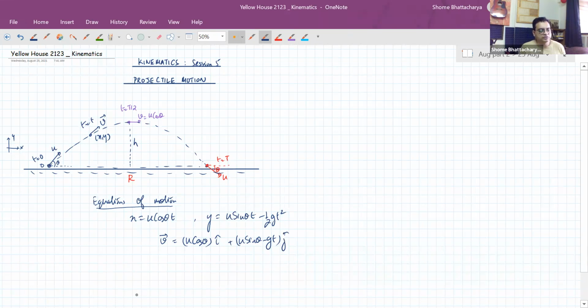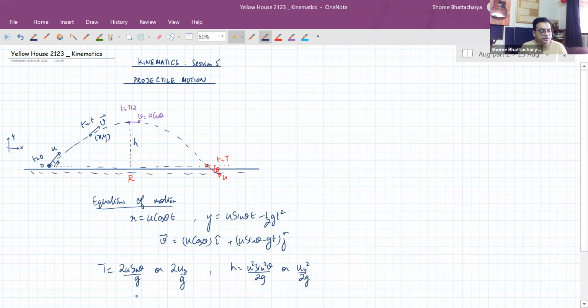And from these equations only we derived the standard formulae. Time of flight is 2u sine theta divided by g, or 2 times u_y divided by g, where the initial velocity is the y component. Maximum height is u square sine square theta by 2g, or u_y square by 2g.